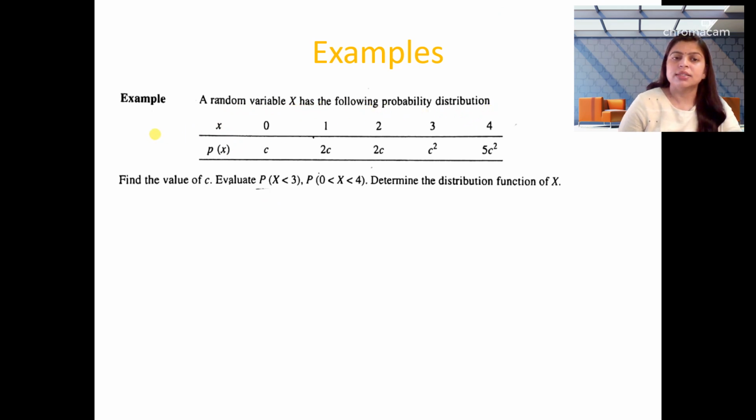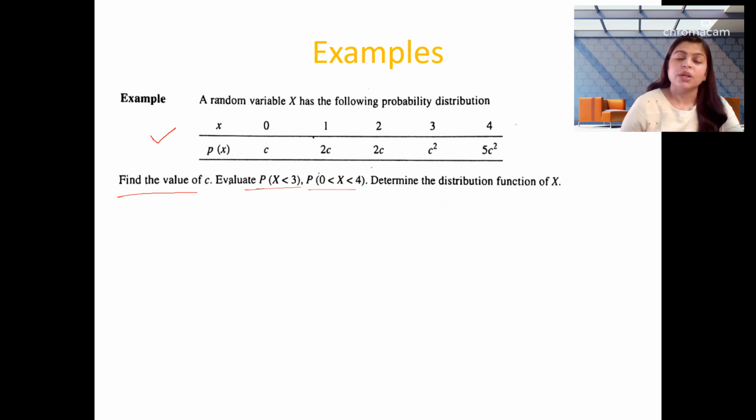This is a discrete distribution, because x is taking discrete values, and this probability function is giving the corresponding probabilities. The question is to find the value of C and evaluate the probabilities within this range, and determine the distribution function of X.